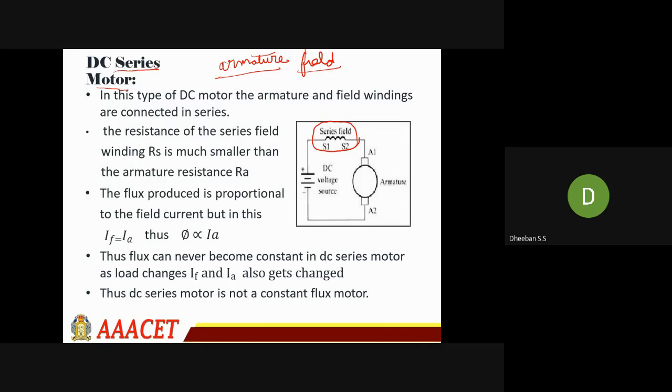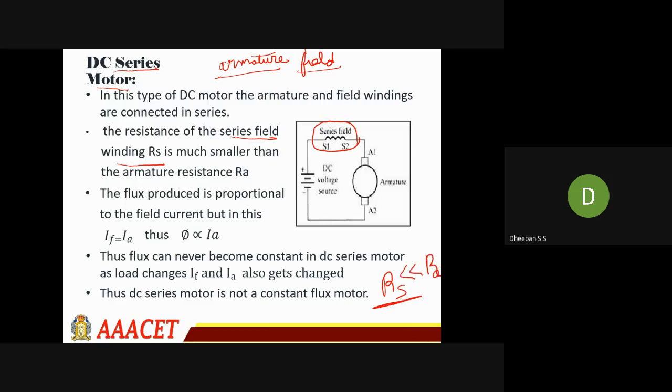So what happens is that the resistance of the series field winding will be very much less. But in case of your shunt motor, what you have seen was your shunt field winding will be very much higher than that of your armature winding. But in case of your series motor, your RS, that is your series field winding, will be very less compared to your RA.